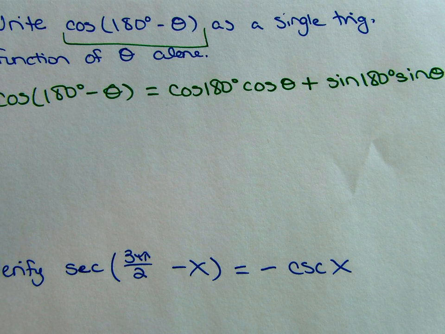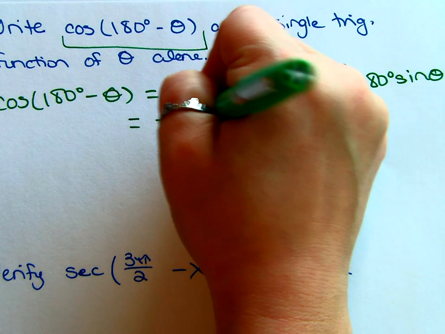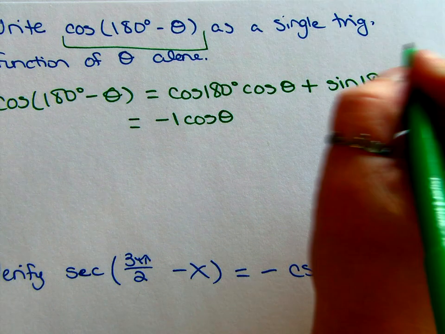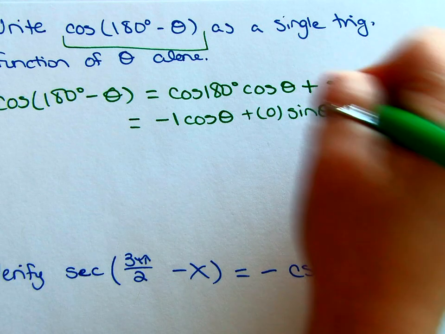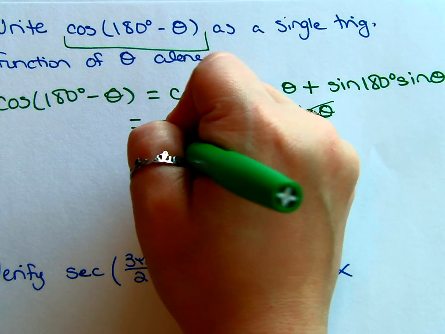Now, what is cosine of 180? Yeah, -1. And what is sine of 180? 0. Well, that's going to be really nice, because 0 times sine of theta means all of that's going to go away, leaving me with a negative cosine of theta.